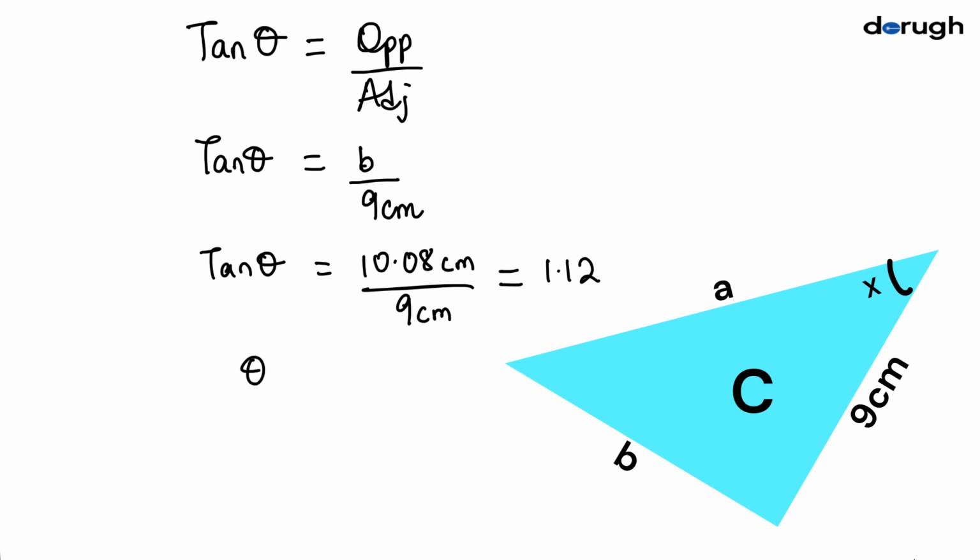Therefore, theta would be the tan inverse of 1.12. That gives us theta as 48.24 degrees.